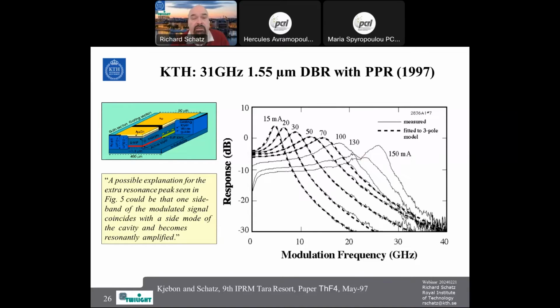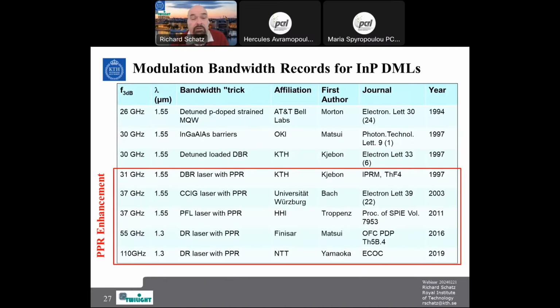After that, in fact, all world records when it comes to the bandwidth of DMLs have been due to this photon-photon resonance enhancement. The highest bandwidth has been published by NCT. I will talk about that later in the talk when I talk about LaserMatrix.